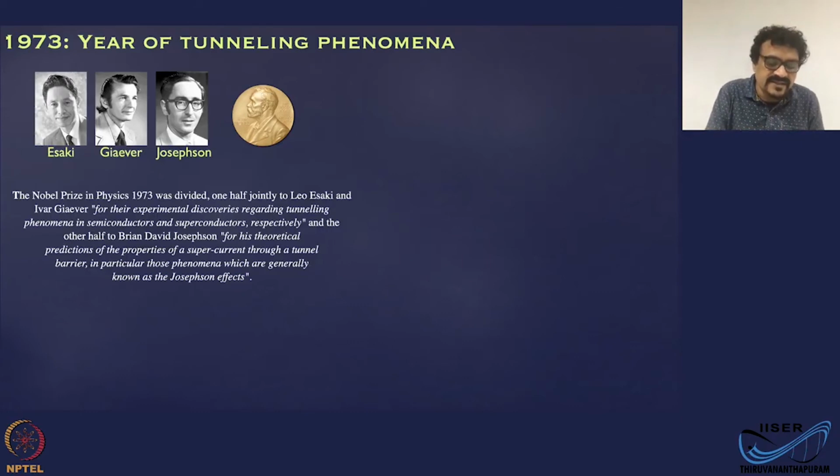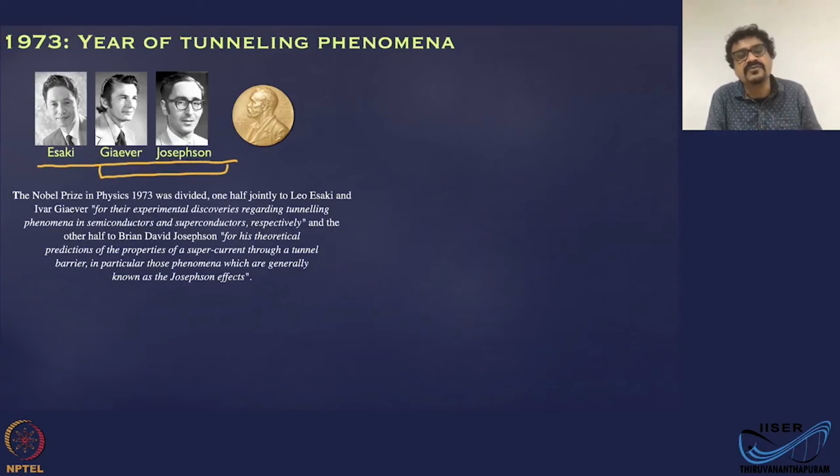In 1973, three physicists were awarded the Nobel Prize. Out of those, two had worked on tunneling in superconducting devices, superconducting junctions, and Josephson worked on this problem that we just discussed.